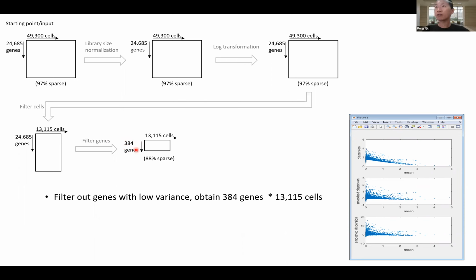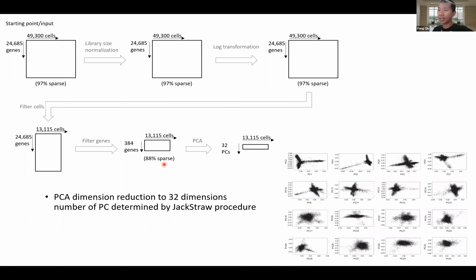Okay, now after all these filtering steps, we are focusing our analysis on these highly variable genes, some of the more informative genes, and also the cells with larger number of genes detected, so higher quality cells. But even with such filtering, if we look at this matrix, the sparsity is still pretty high, right? And in their next step, what they did was they performed principal component analysis to further reduce this 400-dimensional data down to a 32-dimensional data set.